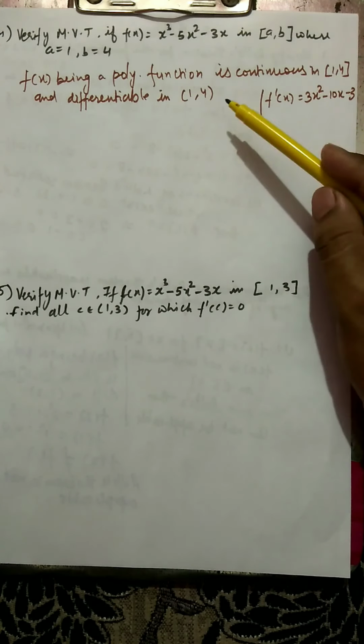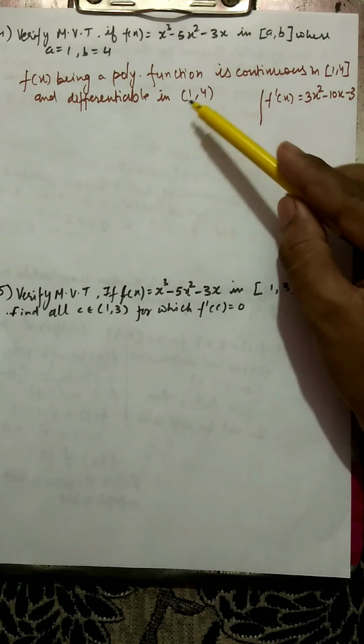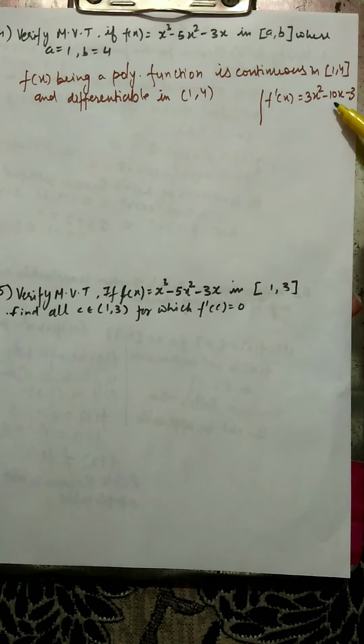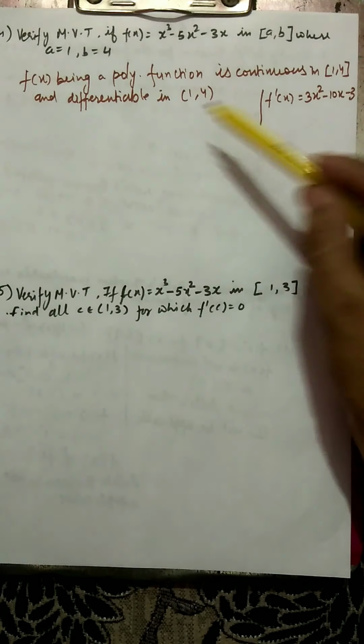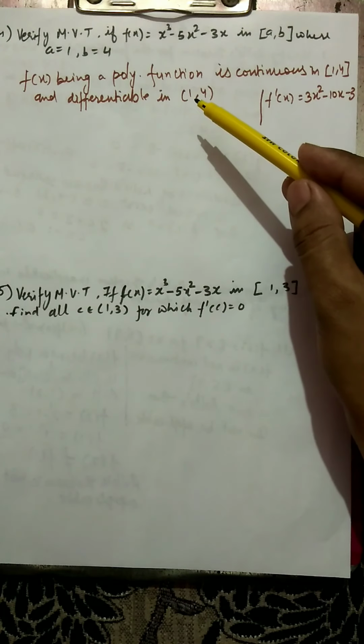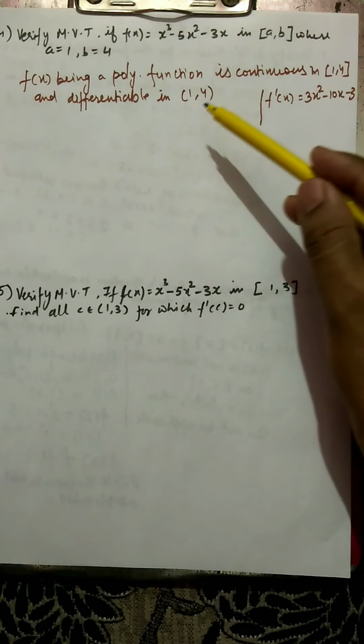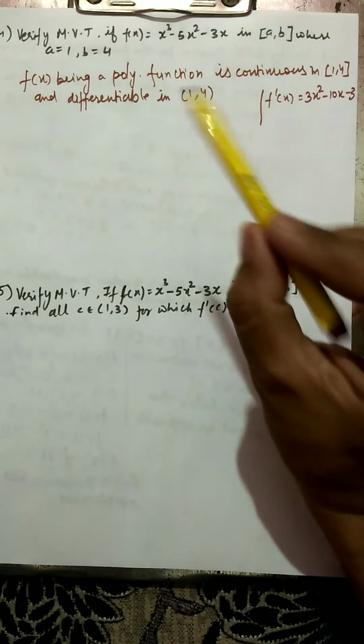There is no value of x from this interval which can make it undefined. You can always check whether the derivative is not defined for any value. If it is not defined for any value, then this function will not be called differentiable.